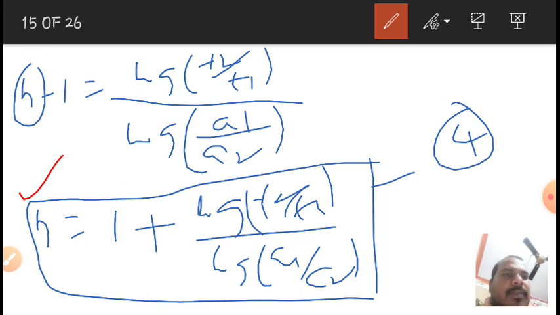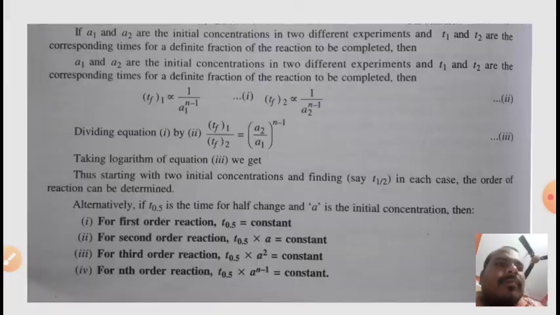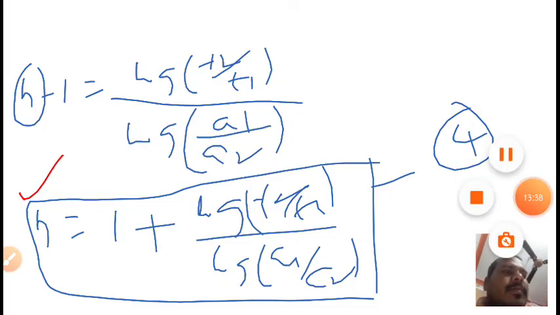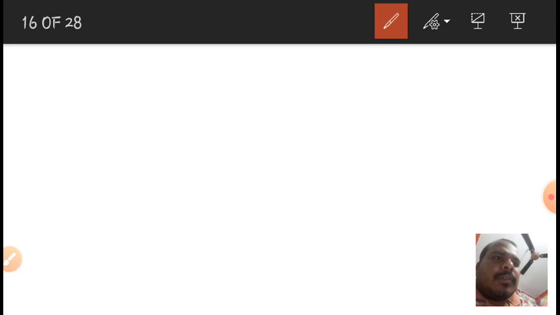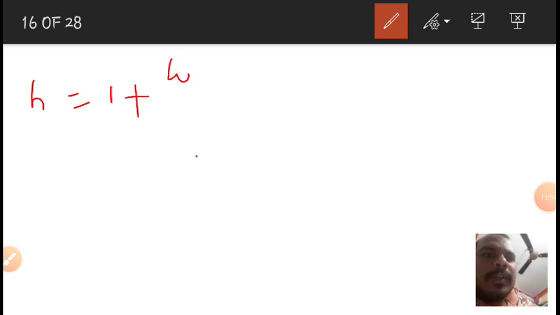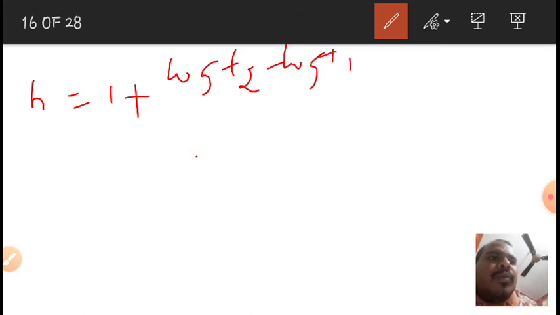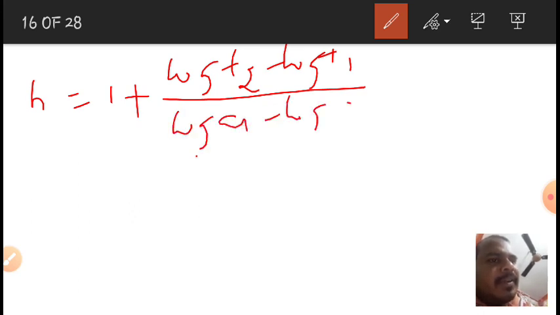This equation can also be written as n is equal to 1 plus log T2 by T1, which can be written as log T2 minus log T1, by log A1 by A2, which can be written as log A1 minus log A2.